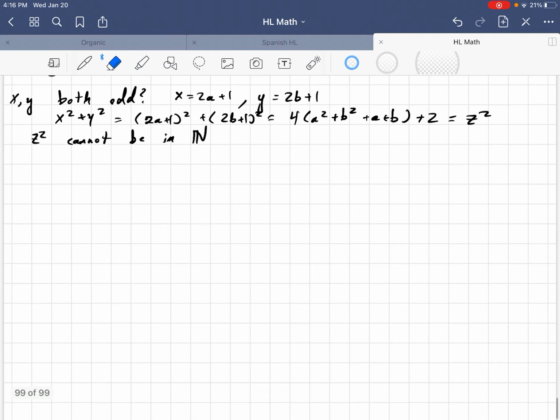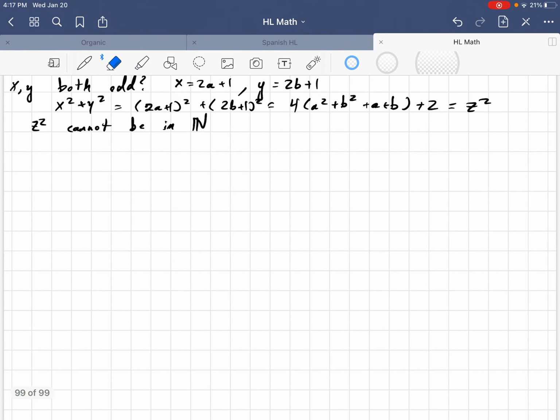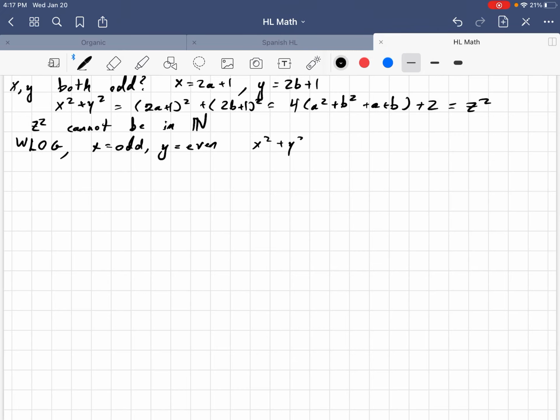So that means that one is odd and one is even. So without loss of generality, let's say that X is an odd and Y is an even number. So then what we can say is that X squared plus Y squared is equal to Z squared, and now we have an even squared.